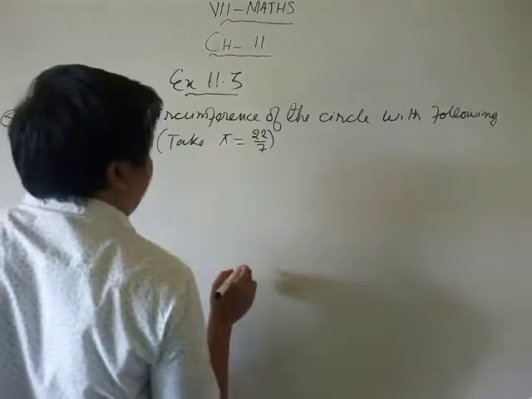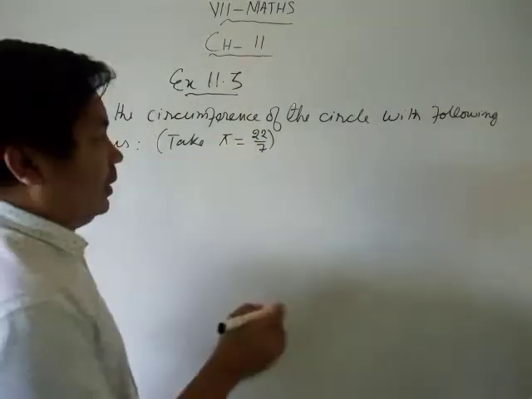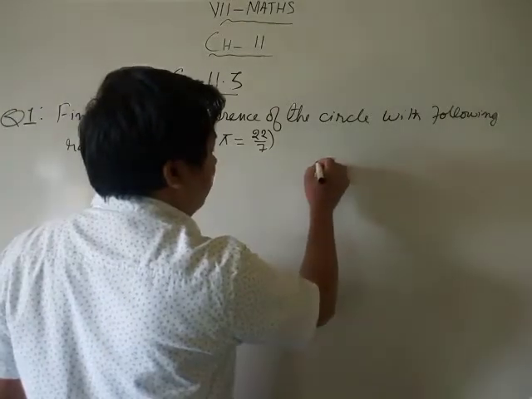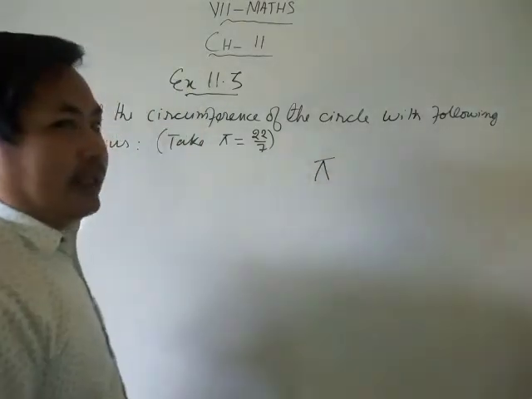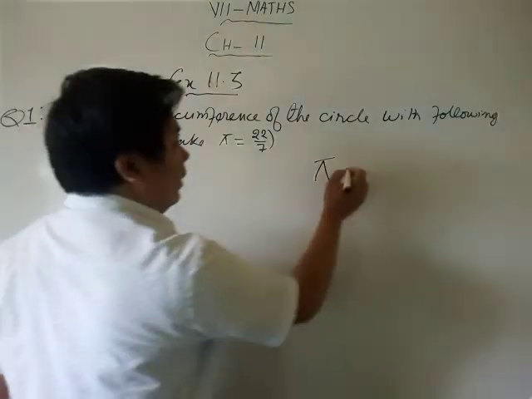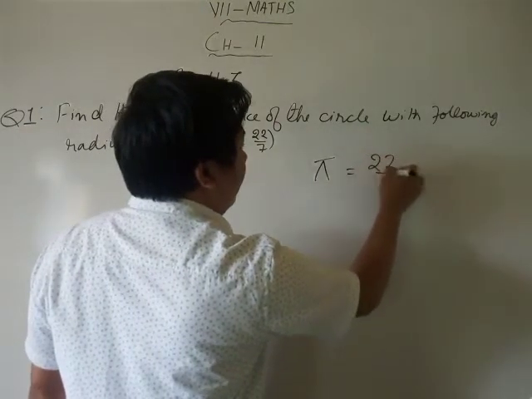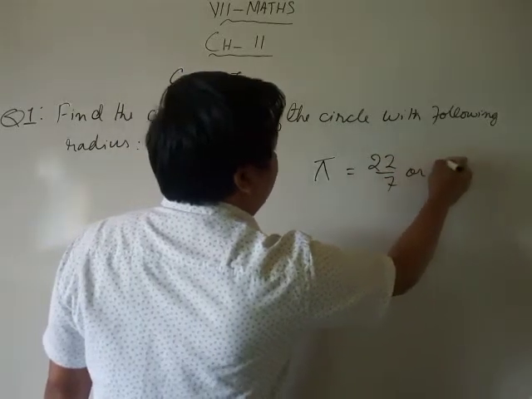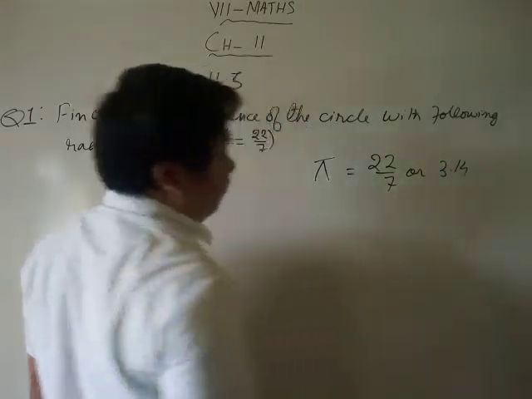My dear student, one thing you have to remember is pi. This letter is called pi. It is a Greek letter, and this pi has a constant value that is equal to 22 by 7 or 3.14 approximately.